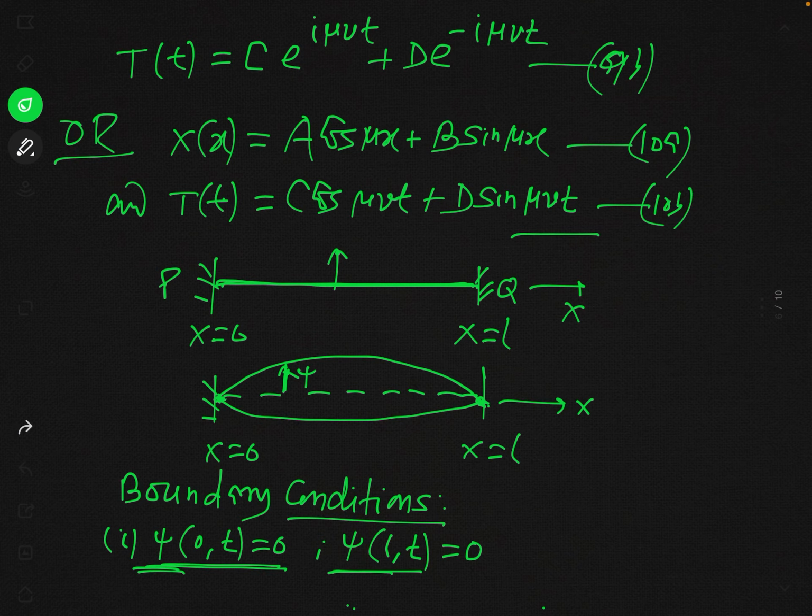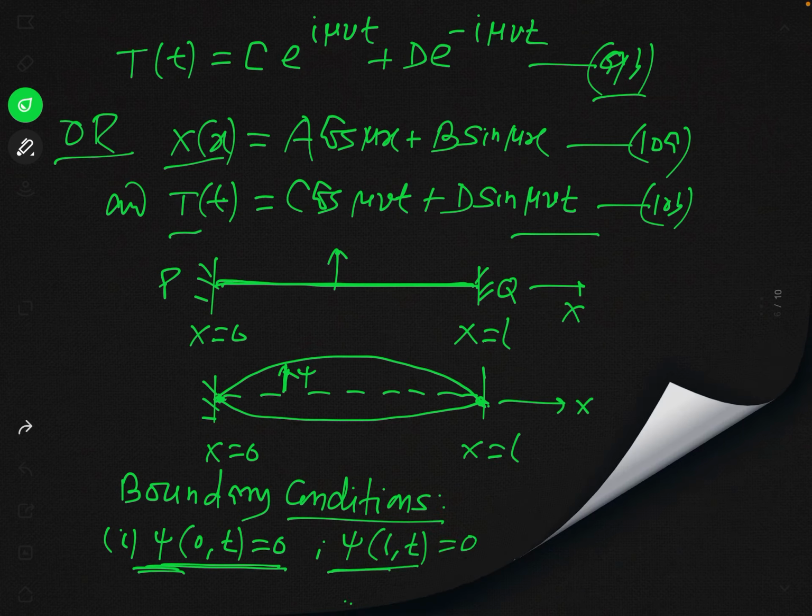So the solutions which we have defined in case 1 and case 2 fail to give the solution of the wave equation, and the solutions defined in equations 9a and 9b or 10a and 10b, in which you can see that X and this capital T vary periodically in time and space, will be the solution of our wave equation.